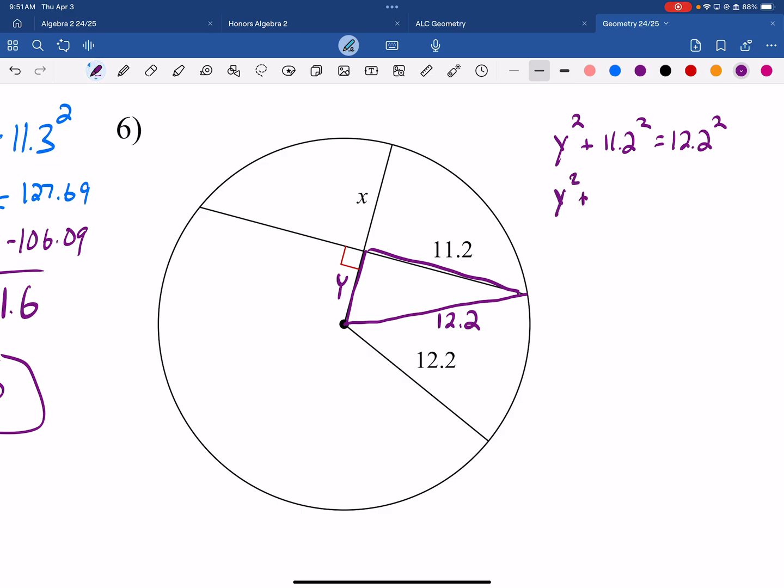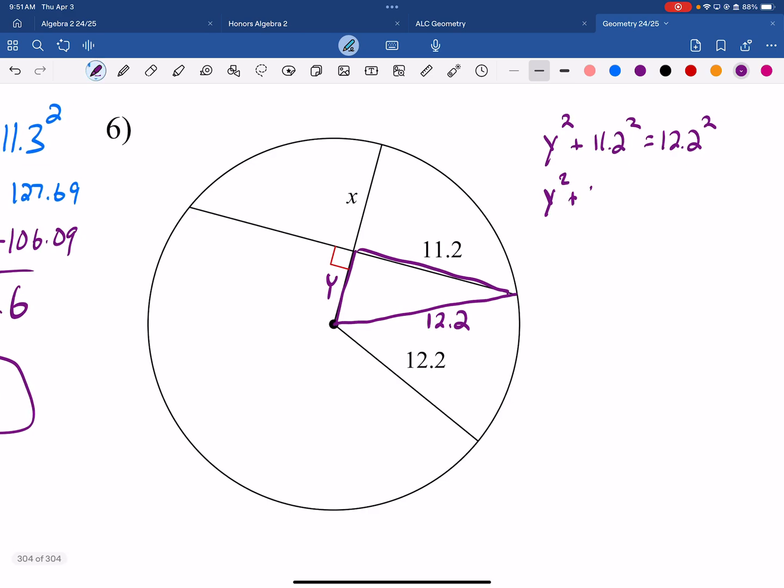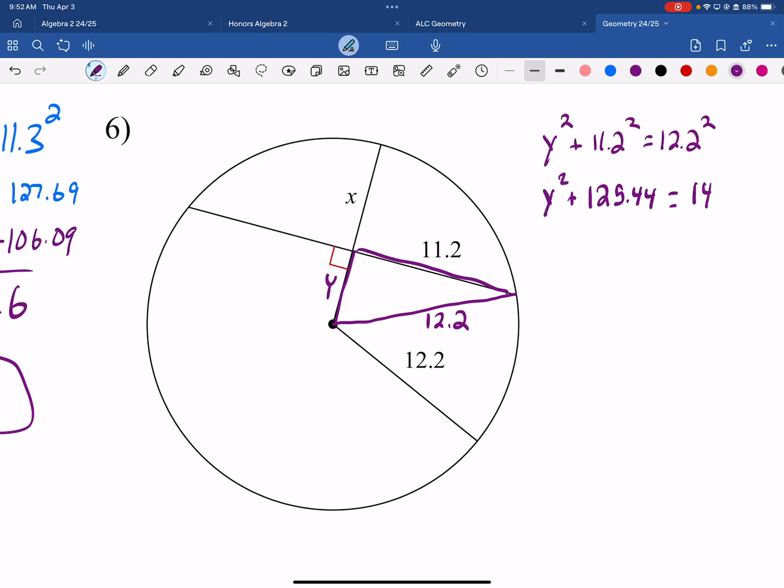11.2 squared is 125.44. 12.2 squared, 148.84. Solving the equation means I need to isolate, so I'm going to subtract 125.44 from both sides.